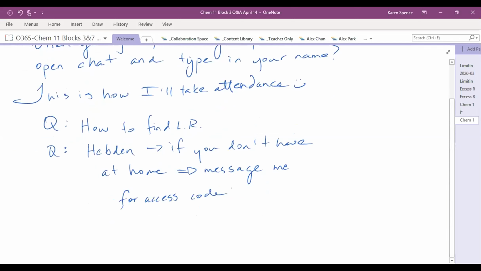So if you have your Hebden at home, you're fine. But if you are missing a Hebden, message me for an access code. Okie dokie.